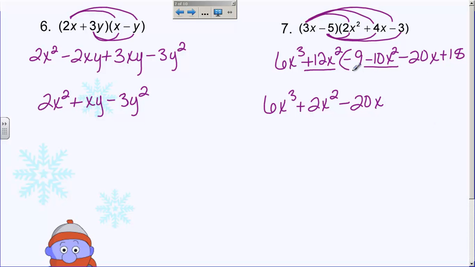And then I have these two little numbers. I've got negative 9 plus 15 that I have to put together. And so when I do negative 9 plus 15, I apologize, negative 9 plus 15 is going to be positive 6.